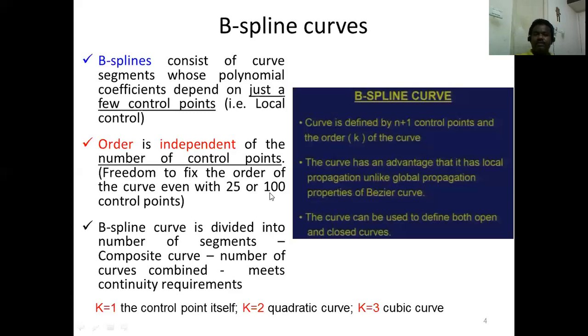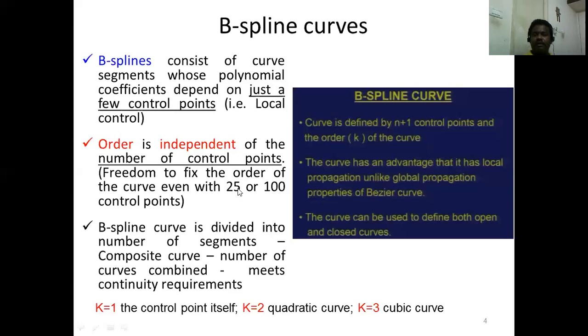Whereas in a B-spline curve, though I have 25 control points, I can decide that 3 control points can influence a particular portion of my curve. So local control is allowed in the case of a B-spline curve.